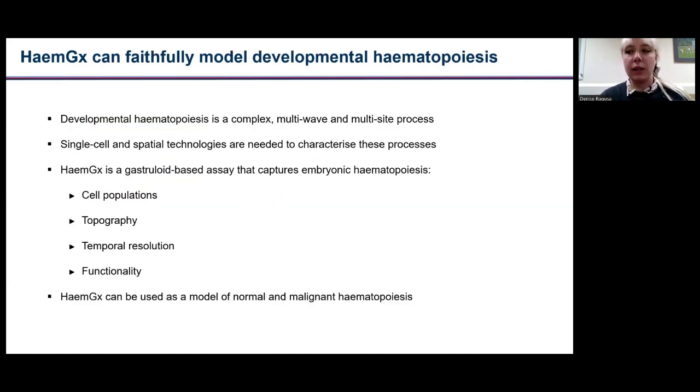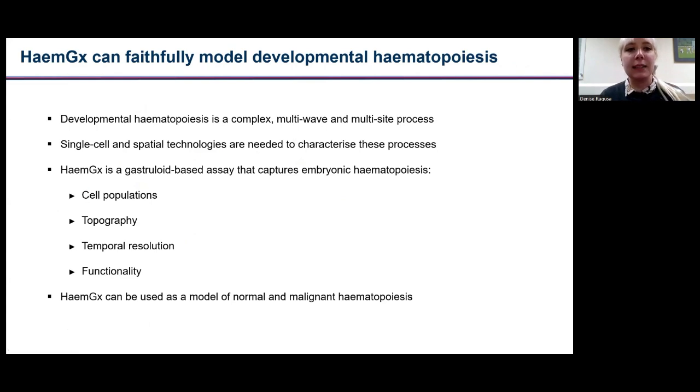So I'll give you a summary of this first part, which is the characterization of a new model of embryonic hematopoiesis. Again, I've shown you how complex the process is due to different waves happening in different sites.